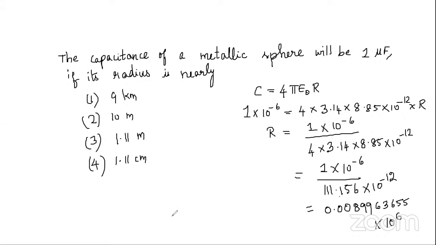It will be 8.99 into 10 power 3 meter. 8.99 can be approximated as 9. So 9 into 10 power 3, that is 9,000 meter, which means it is actually 9 kilometer. So the radius is 9 kilometer.